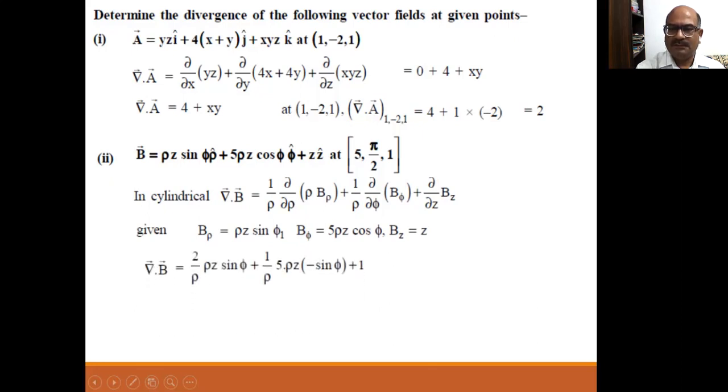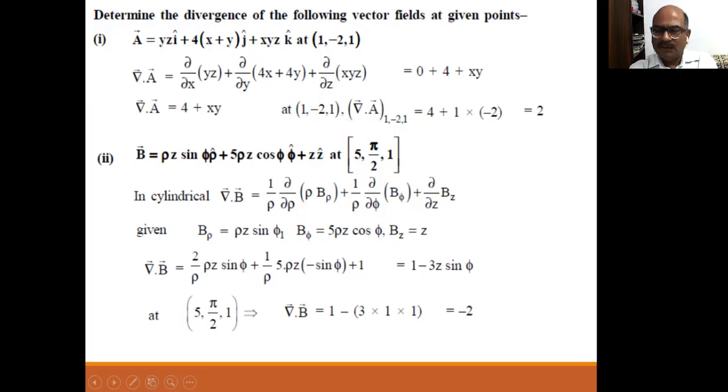So we'll put all these values in the cylindrical divergence, and we'll receive 1 minus 3z sine phi. But at the given point, phi pi by 2 and 1, this value reduces to minus 2. So the divergence of the given vector function in the cylindrical coordinate system at the given point is minus 2.